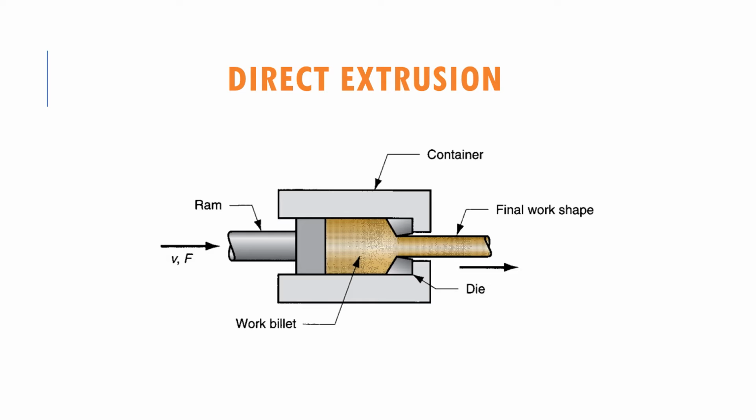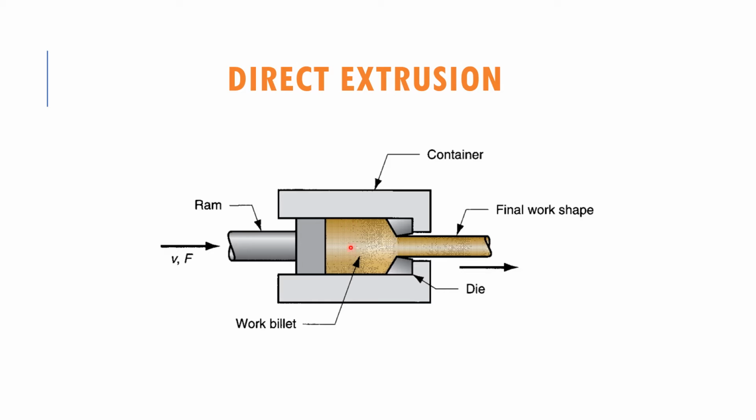If we look into the operation here, this is the container, and there is also the die opening over here. This is the work material, the starting material, and this is the final product.